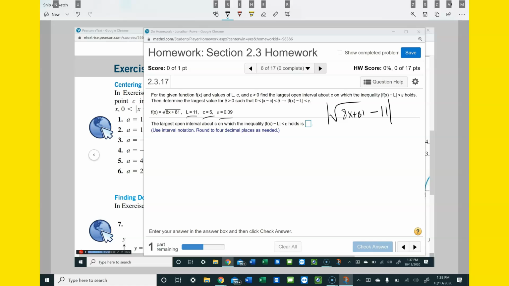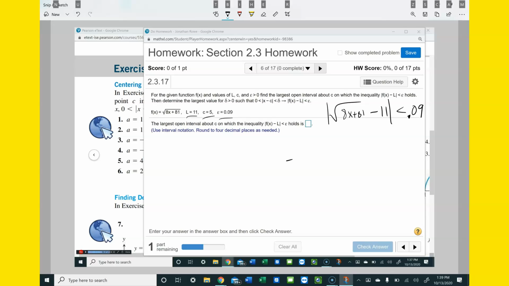Minus 11 is less than 0.09, and I'm going to solve that. So negative 0.09 is less than the square root of 8x plus 81 is less than positive 0.09. Sorry about that, I realized I wrote it wrong. So let me try writing it again.